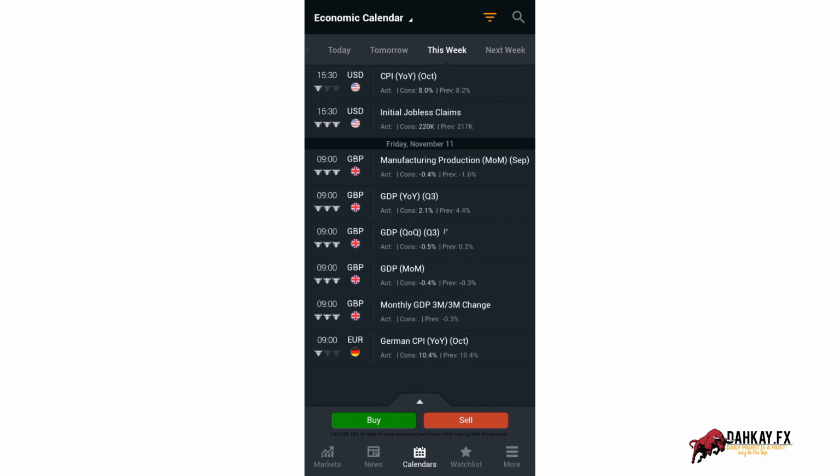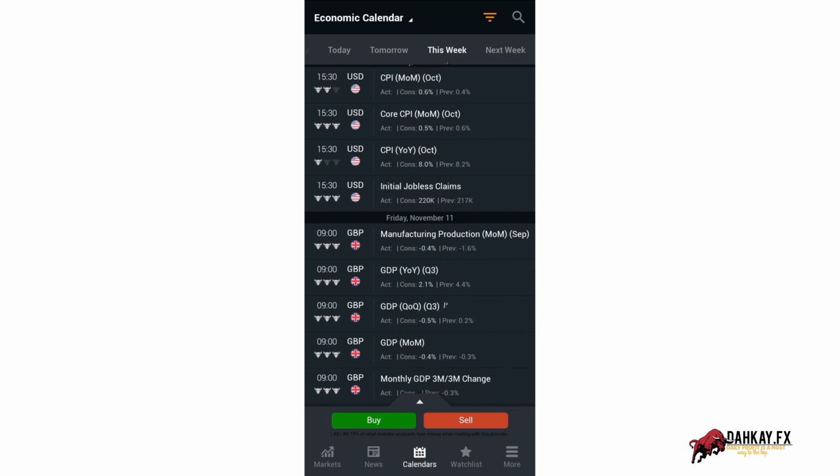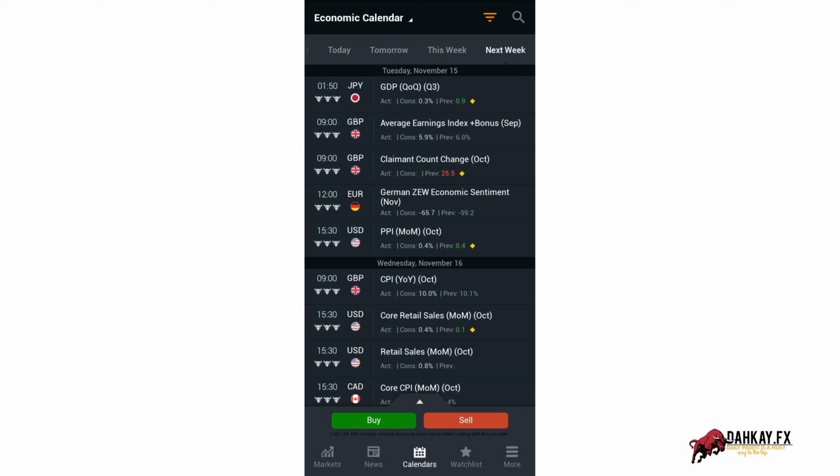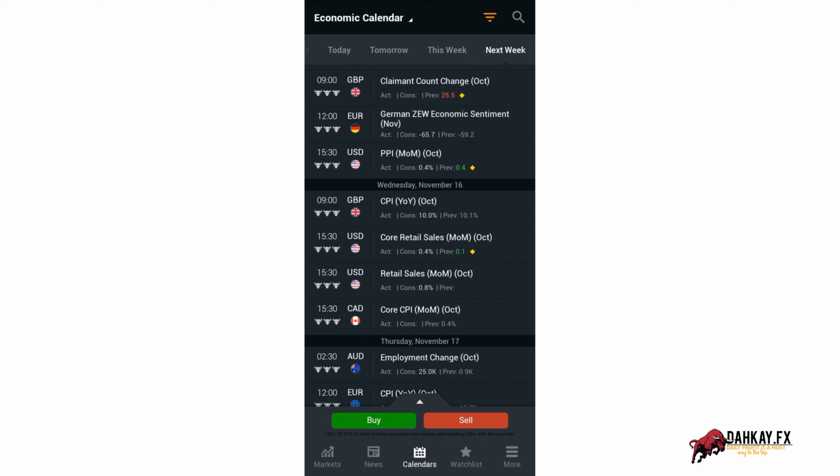Investing.com helps you to be aware of upcoming events, and you can also go to next week and see what's going to happen. We can see that we have a GDP event on Tuesday for the GBP currency pairs, and we also have CPI for GBP on Wednesday, and core retail sales for USD.